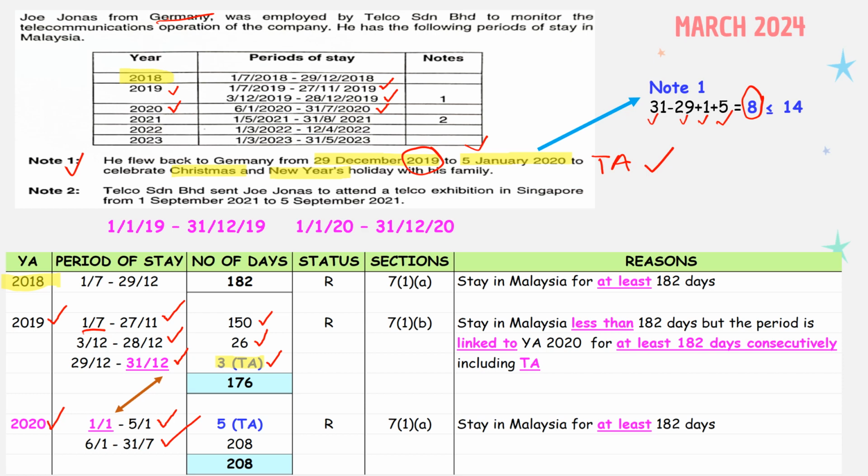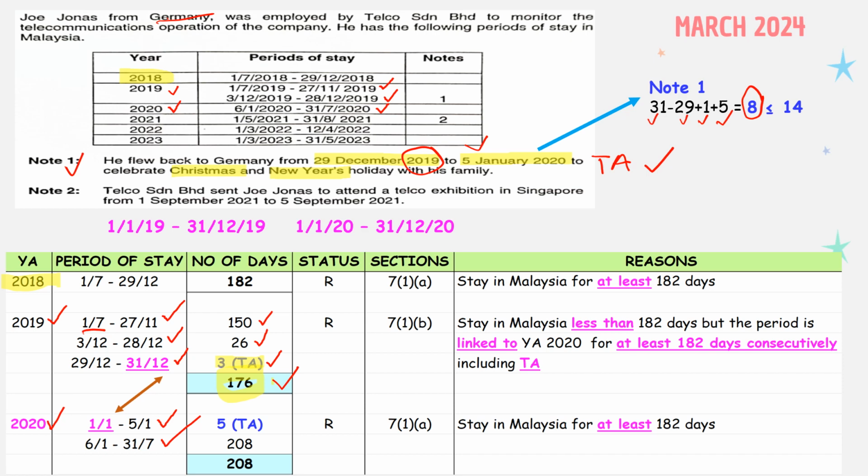How could we do B? That's why every time you guys total up number of days, please exclude TA. Do not include TA. So when you total up 150 plus 26, you will get 176 days. Do not include TA because TA can only be used for B. We are not doing B now. Okay, hopefully that is clear.